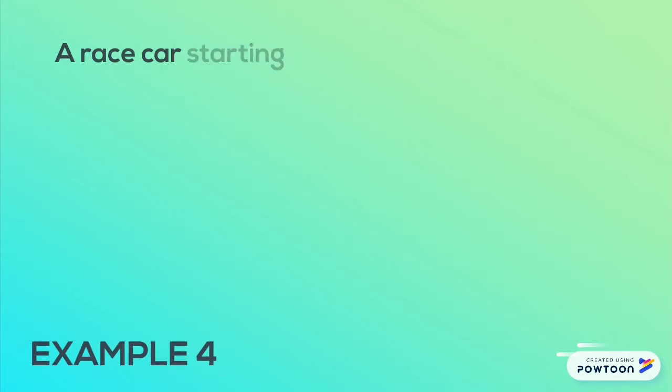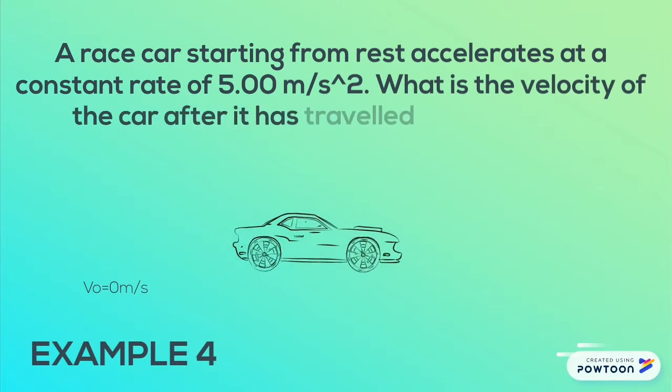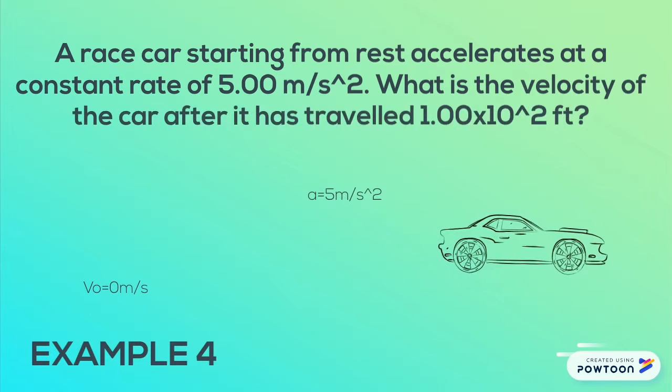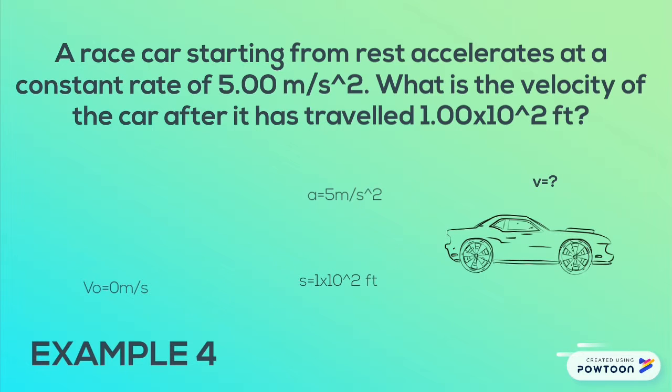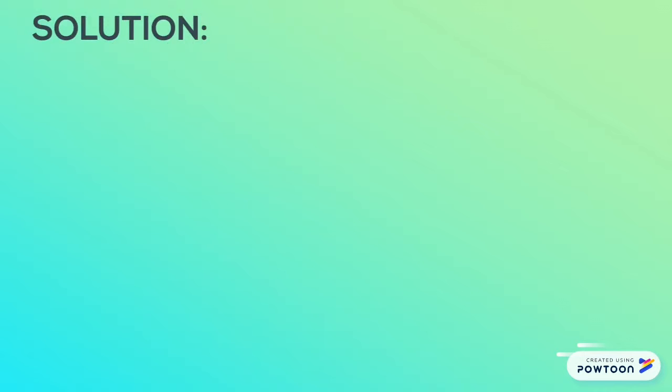So another example: a race car starting from rest accelerates at a constant rate of 5 meters per second squared. What is the velocity of the car after it has traveled 1 times 10 raised to 2 feet? This is also the same as the previous example.